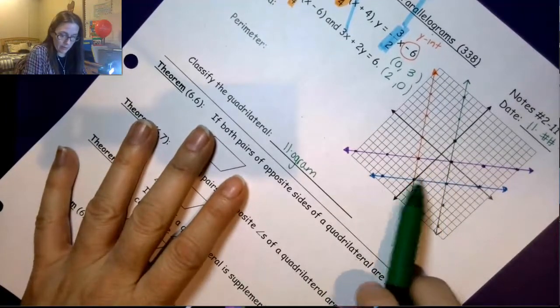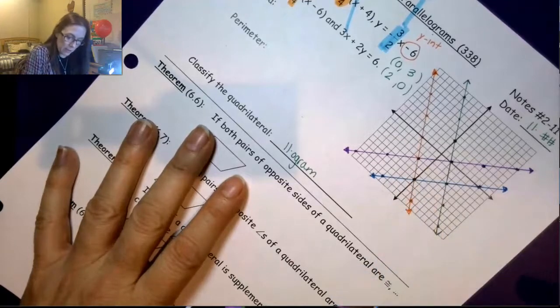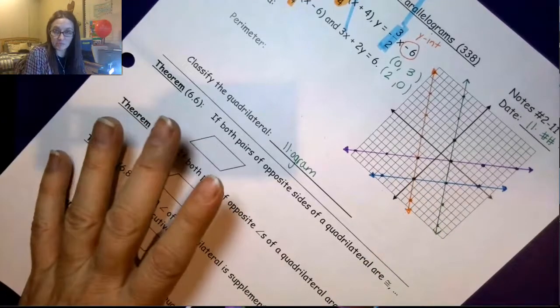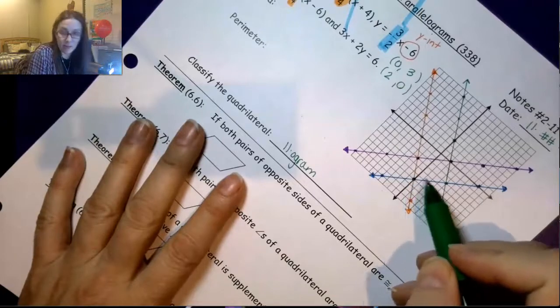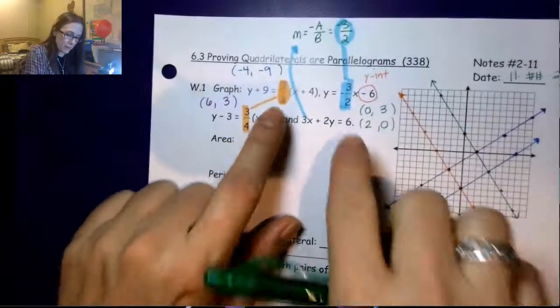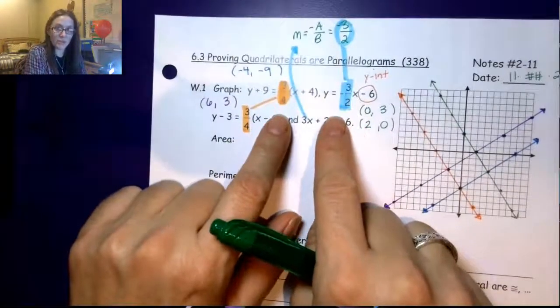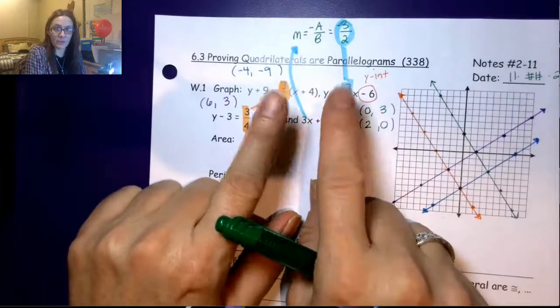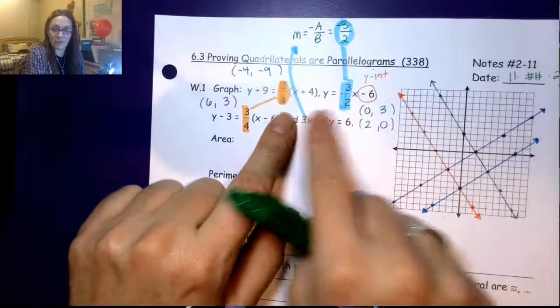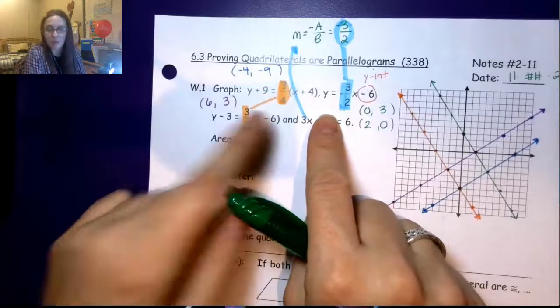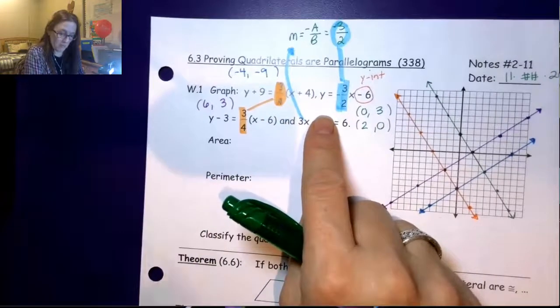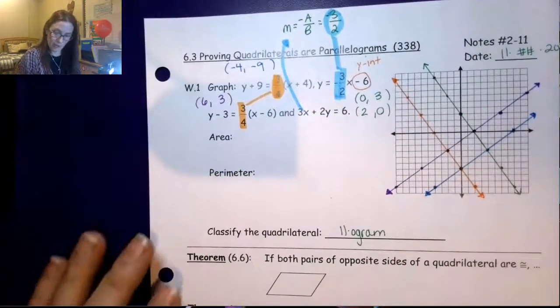This side definitely looks longer than this side. But does it look like it might be able to be a rectangle? Maybe a 90-degree angle. But I know immediately by looking at these two slopes, are these slopes opposite reciprocals? And if they're not opposite reciprocals, then I do not have a rectangle. I know that just opposite sides are parallel, it's a parallelogram.